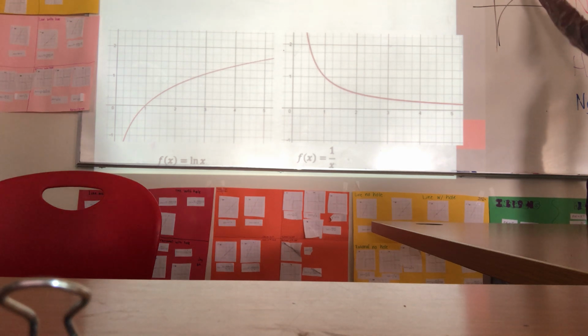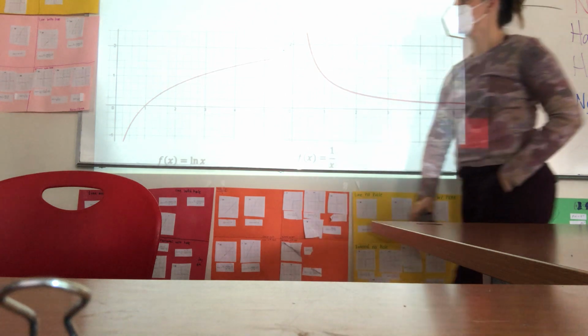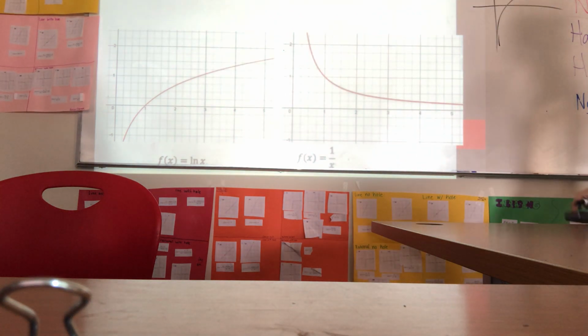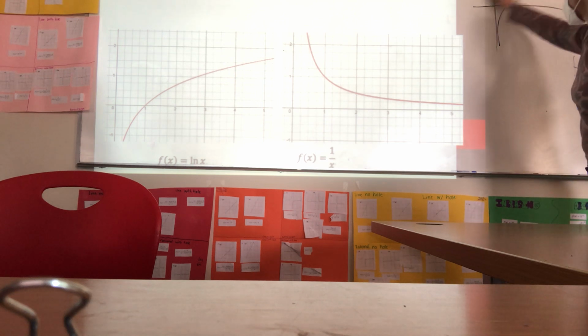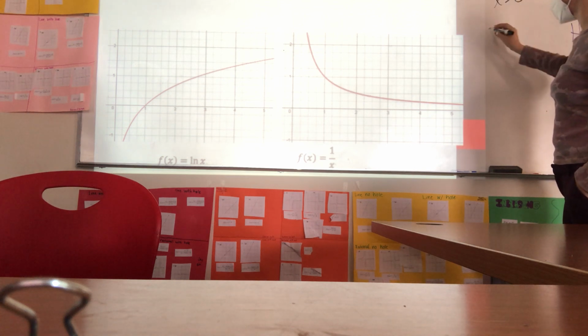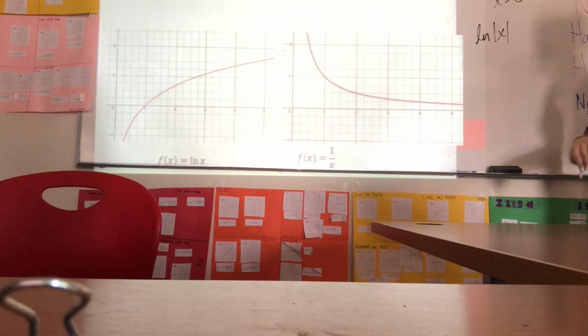So to avoid saying x has to be greater than 0, you could just do the absolute value of x. And this makes us be able to put in any values of x, except for 0.